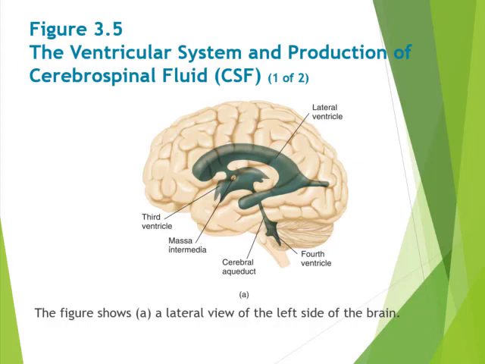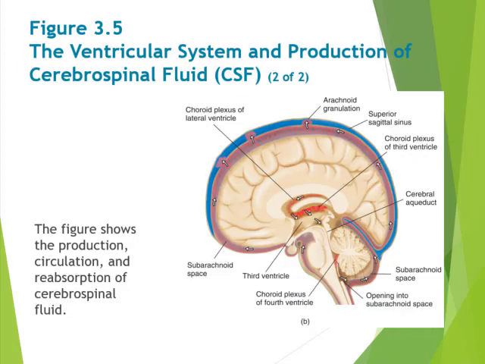The neural tissue called the massa intermedia crosses through the middle of the third ventricle, and the cerebral aqueduct is a long tube connecting the third ventricle to the fourth ventricle below it. The ventricular system, as I indicated before, is responsible for producing cerebral spinal fluid.